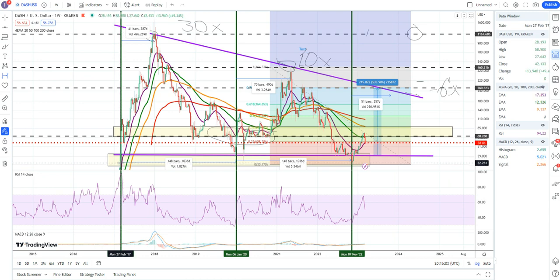From the low between cycles to the next low, it's a very similar number of days. You see, the first low was in 2017 and the second low was in 2020, it was 148 bars, 1036 days, almost 3 years, between the 2017 Dash low and the 2020 Dash low.